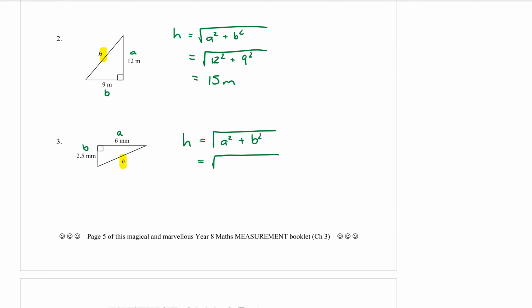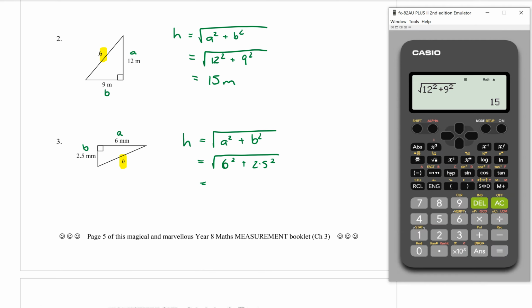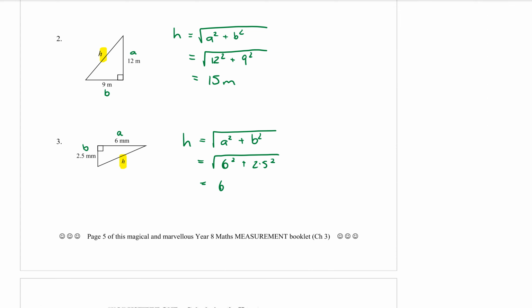A is going to be 6, so 6 squared, plus B is 2.5, so 2.5 squared. Am I going too fast? Is everyone following along well? Good. Calculator. 6 squared under the square root sign plus 2.5 squared equals 6.5 millimeters. Great.